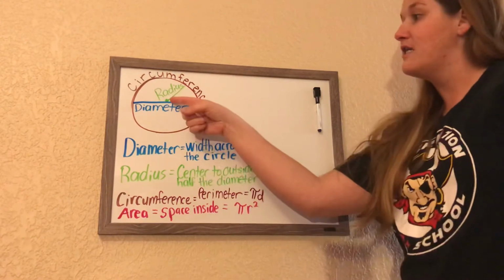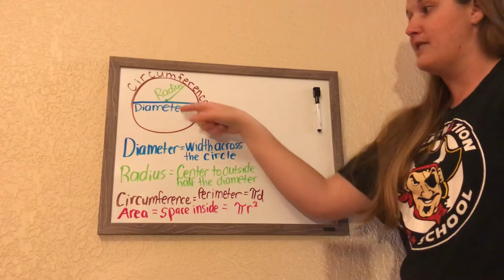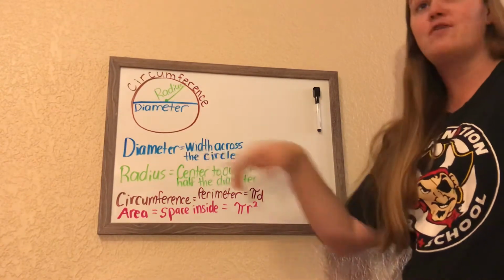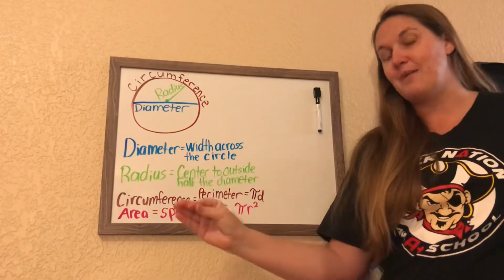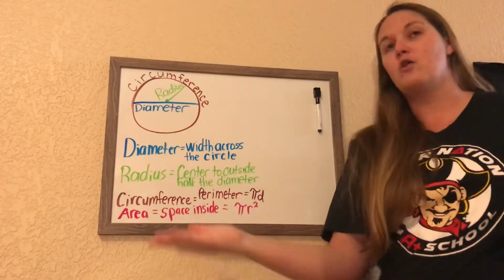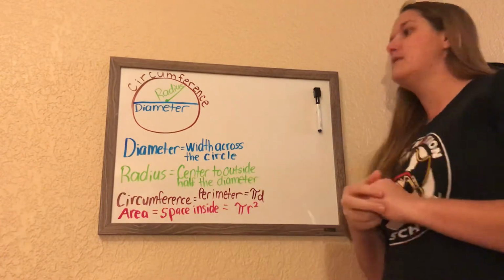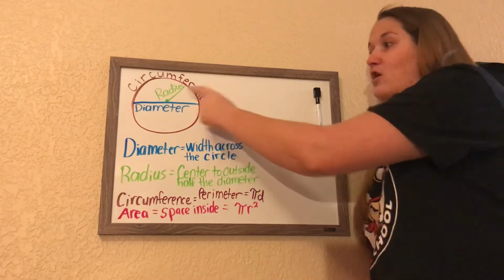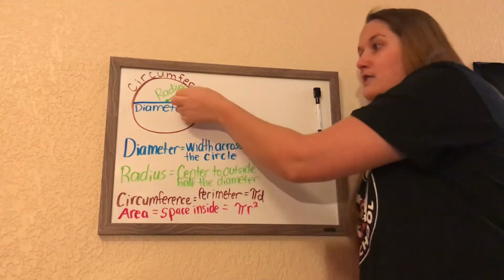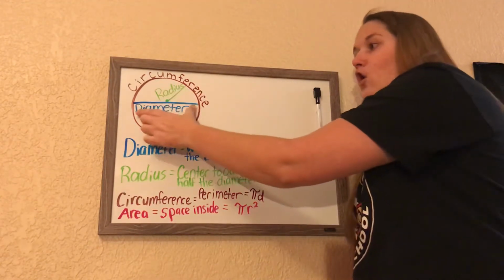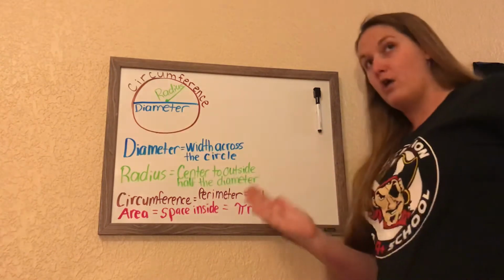And this radius could go here, it could go from the center this direction, that direction. It doesn't matter because it should always be stretching the same distance because a circle is equal on all ends, okay? So that's called a radius. I remember that the shorter word radius is the shorter distance. The longer word diameter is the longer distance.